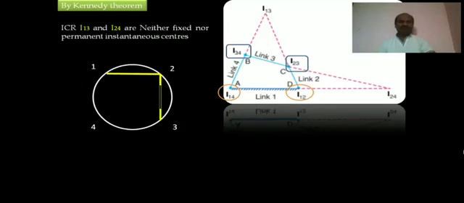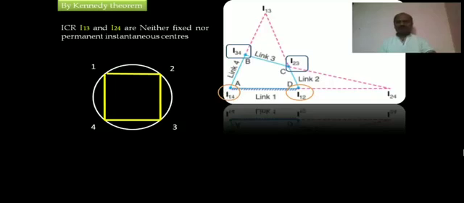Similarly, 2, 3 is joined because I23 is known here. Next is 3, 4. I34 is also known, so I have joined it. Next is 1, 4. I14 is also known, which is a fixed ICR, so it is also joined by a line.